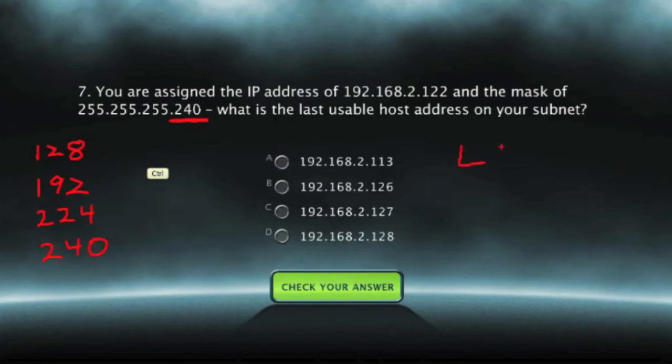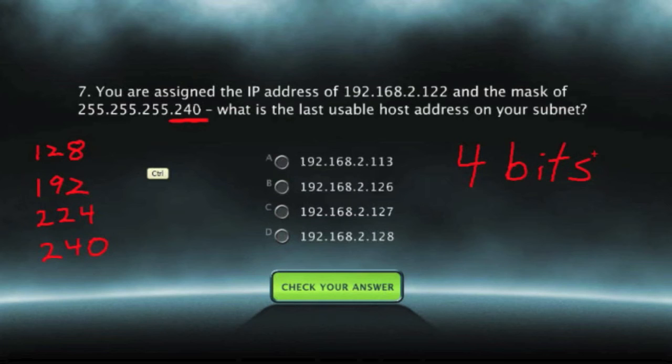Does everyone agree that we did 4 bits of borrowing? Type in your response. Okay, everybody sees that we did 4 bits of borrowing.